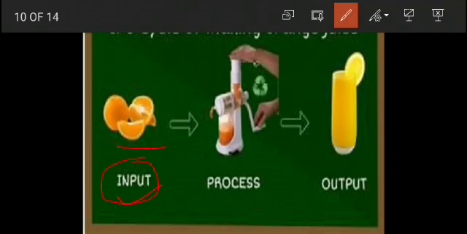So when you put everything like oranges, some water, salt, sugar in the juicer and start it, that is processing going on. And when you get a glass full of orange juice, that is the output. So in this case also we come across IPO cycle, input process output cycle.